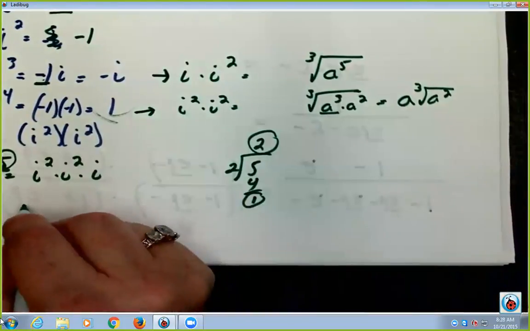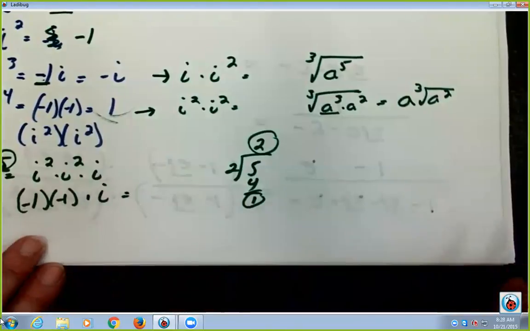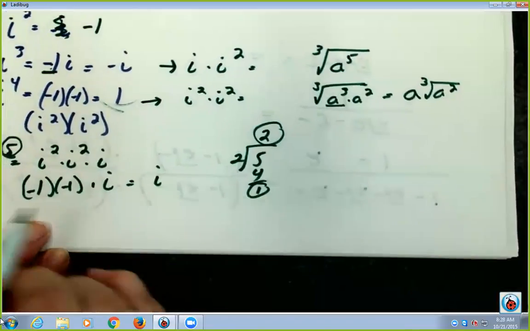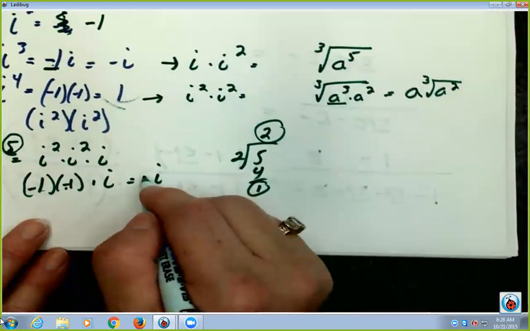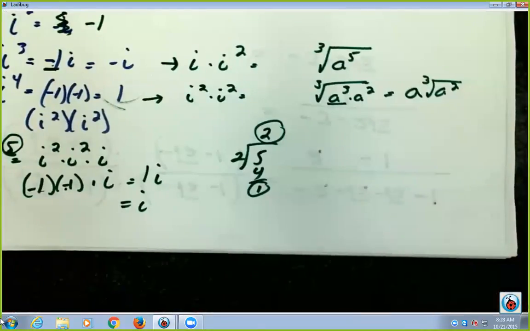So what does this tell me? I have a negative 1 times a negative 1 times i, or just a plain old i left over, because a negative 1 times a negative 1 is 1, and I don't need to write the 1 out in front. So if I always look at those powers and come up with those, I can figure out what in the world I have.